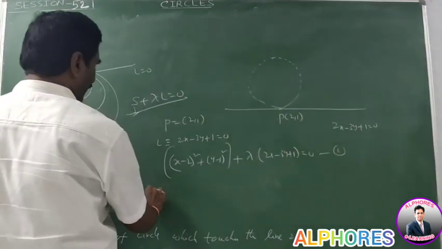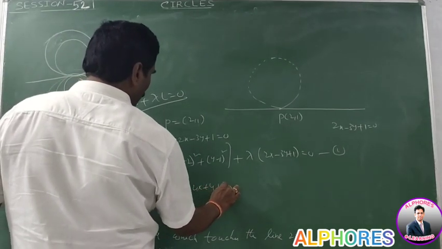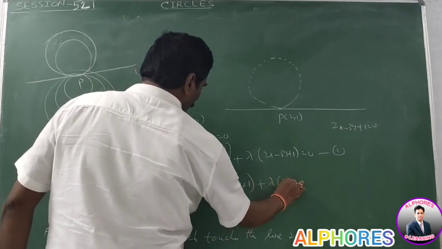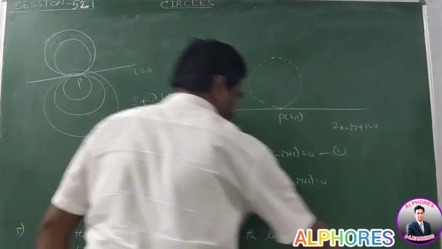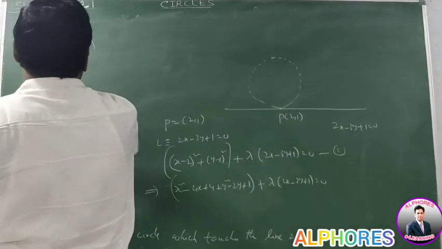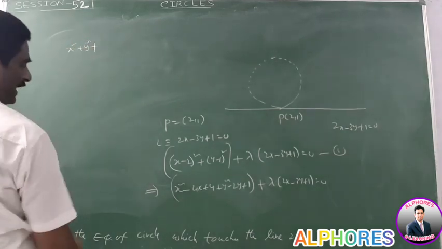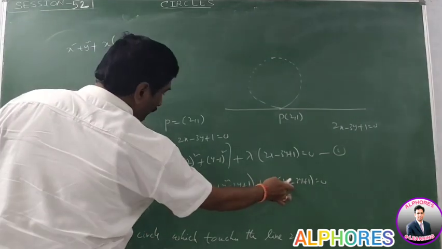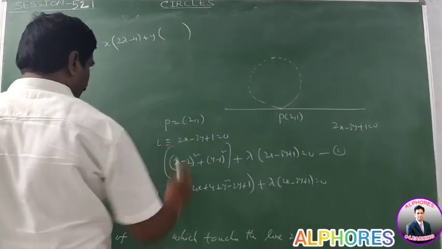After expansion, it can be reduced to x square minus 4x plus 4 plus y square minus 2y plus 1 plus lambda of (2x minus 3y plus 1) equals 0. That implies x square plus y square plus x times the coefficient, which is 2 lambda minus 4, plus y times its coefficient.